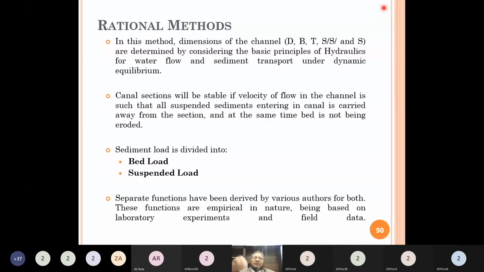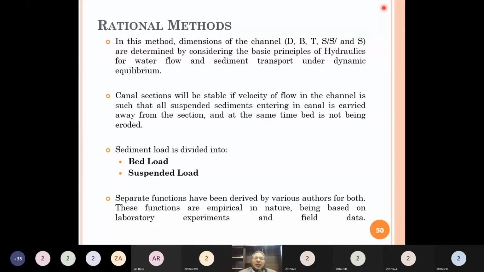And how can we avoid deposition of sediments on the bed of the channel? By having enough velocity of water in the channel. Our velocity of water should be such that the sediments or silt in the channel should be kept in suspension. When it is in suspension, it will be carried away by the channel.